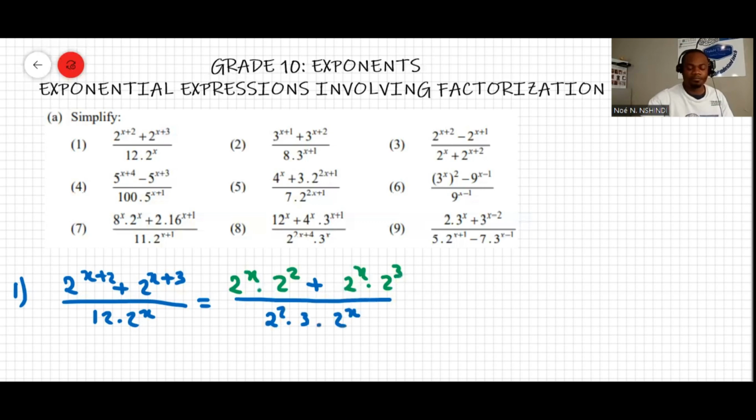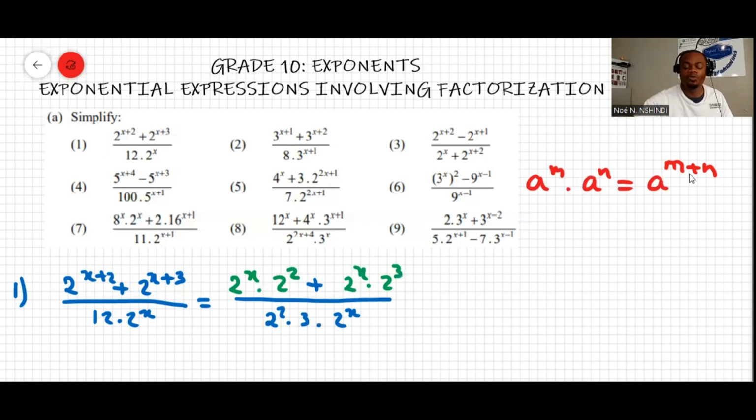Now, remember the law of exponents that says a to the m times a to the n equals a to the m plus n. These laws are useful both ways, from left to right as well as from right to left, as you can see there.